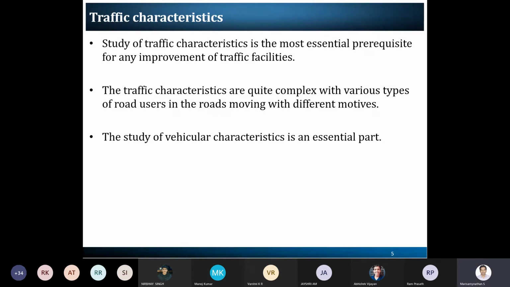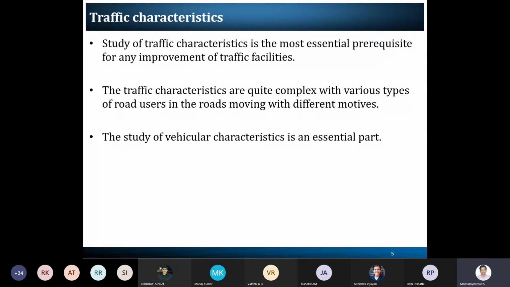Also, when you study the traffic characteristics and the existing conditions, you will learn how congestion is happening and why accidents are happening. All the existing scenarios can be studied using the traffic characteristics. Definitely, it is quite complex to study because human behavior is involved in taking decisions, and different kinds of movement patterns are followed on the road.